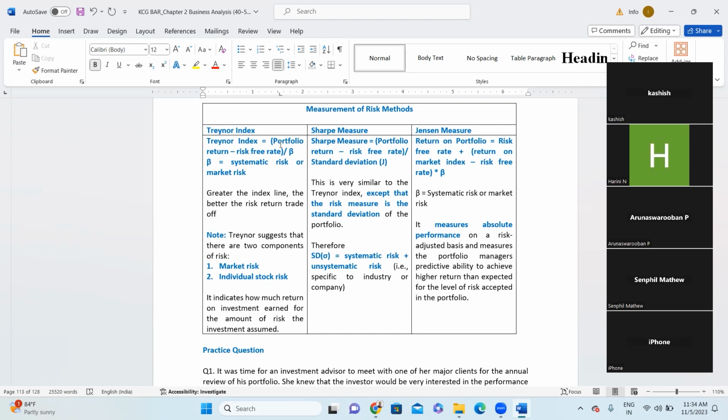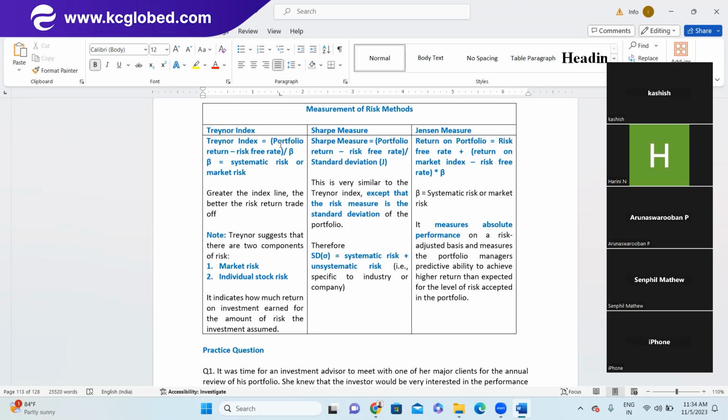The first one is Treynor index, which is portfolio return minus the risk-free return divided by beta, whereas Sharpe measure is portfolio return minus risk-free rate of return divided by standard deviation, and standard deviation covers both systematic and unsystematic risk.